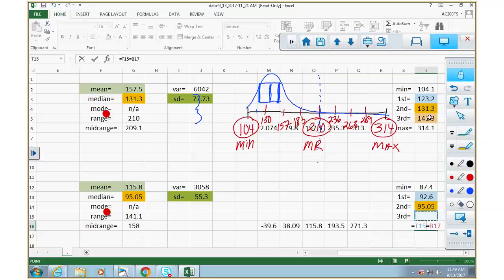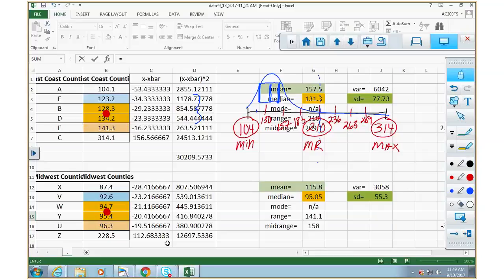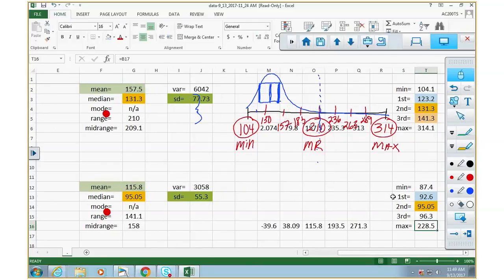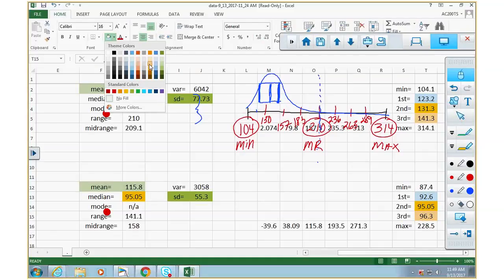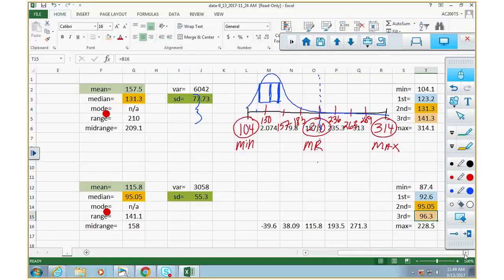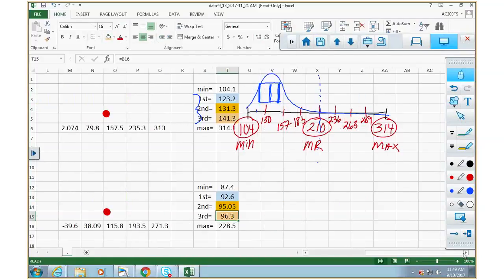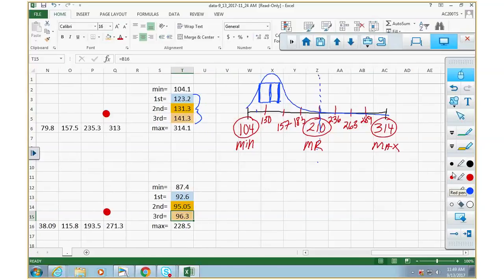Maybe that's some like a khaki brown or something. We'll change it. Now we can go over here and use the same logic we were using with the first one.